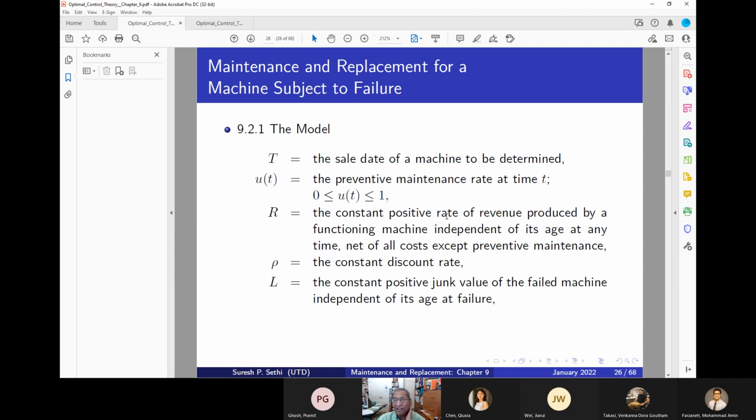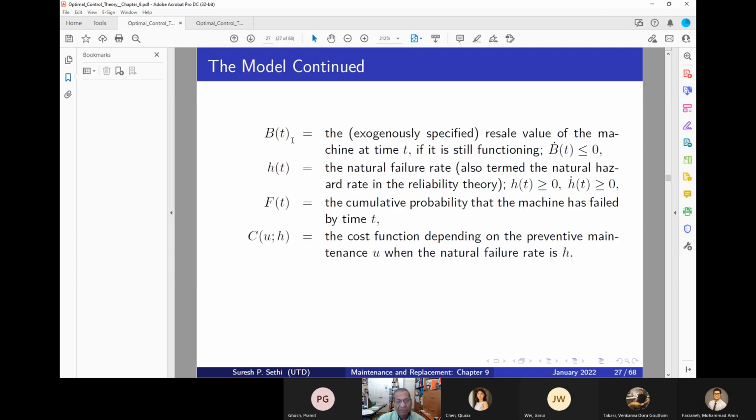Think about a car that can still drive 70 miles on a highway even if it's 5 years old. So it's producing more or less at the same rate. But if you sell the car after 2 years versus after 5 years, you're going to get a different value for that car. So the sale value of the machine is declining, and as you can see, B dot t is less than 0.